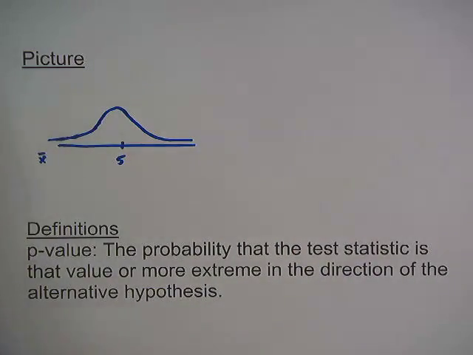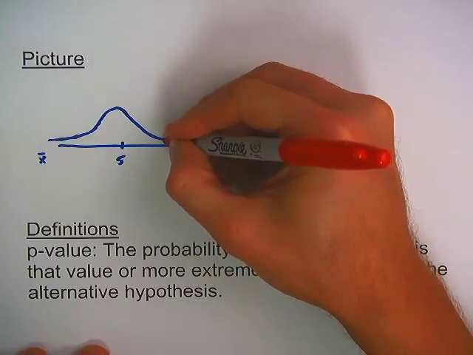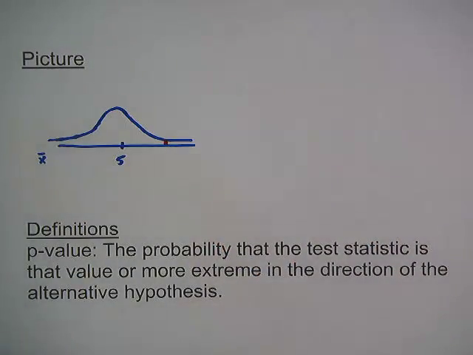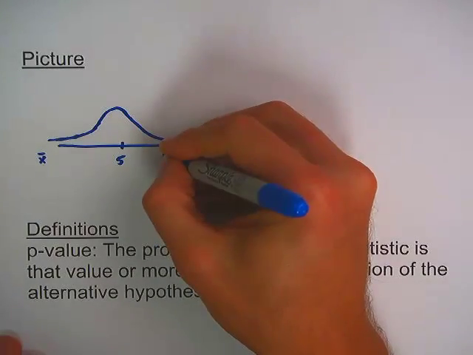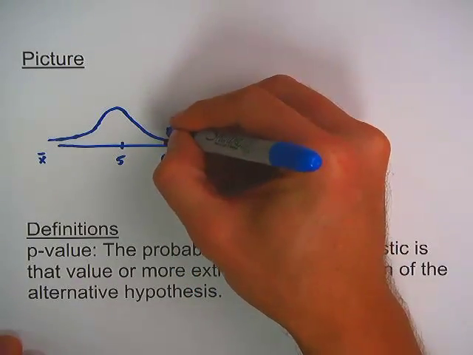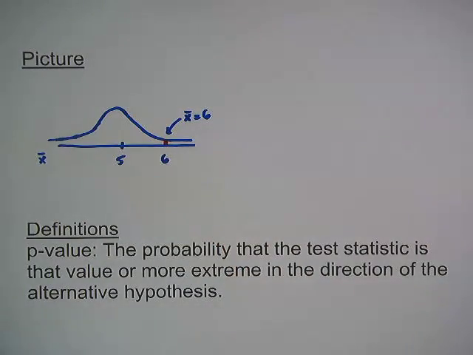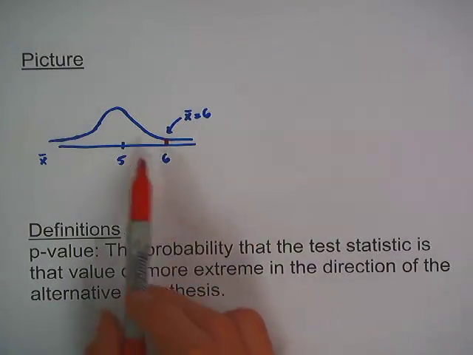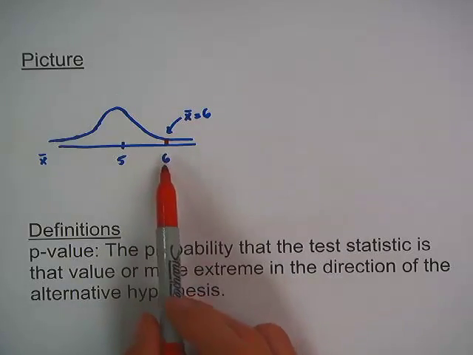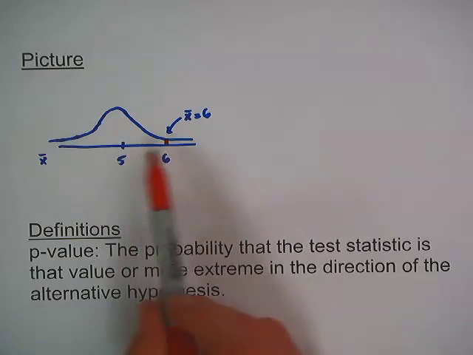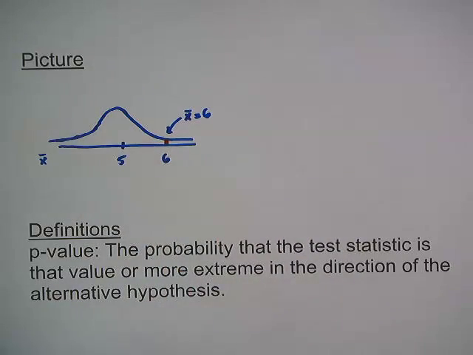Let's say that based on the standard deviation of my statistic, my z value is going to be about there, that my sample mean was about 6. So that's my x bar value there, x bar equals 6. Again, if this test statistic is far away from 0, then we're going to have evidence against the null hypothesis.